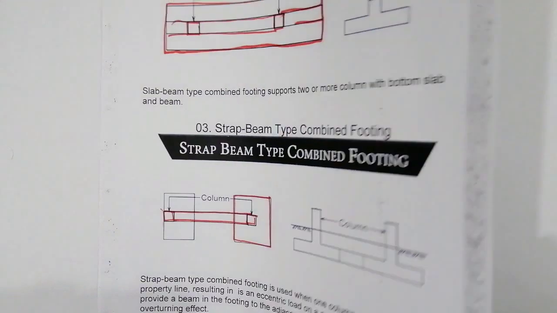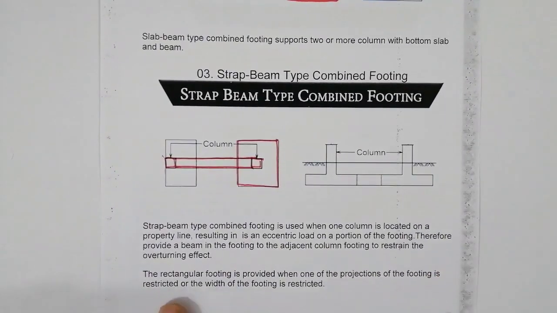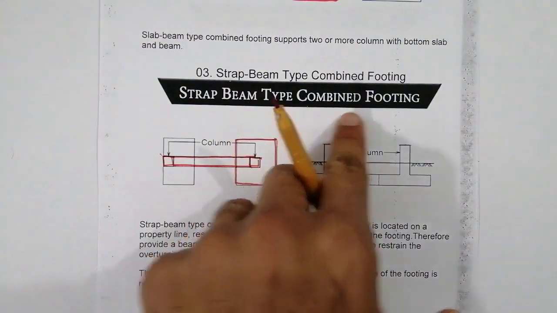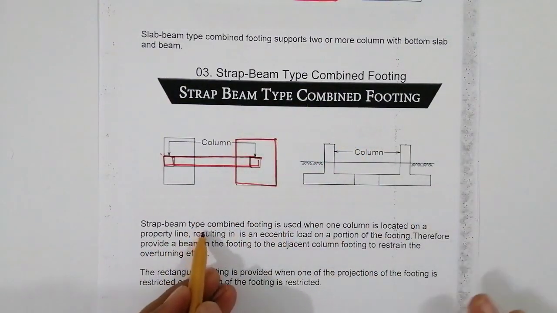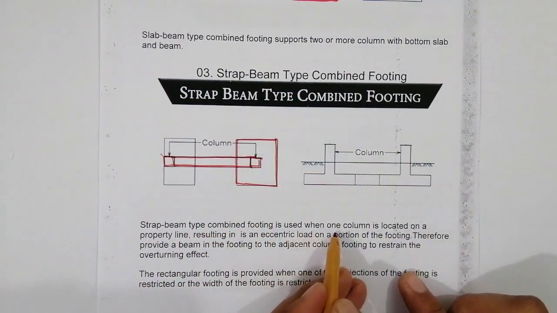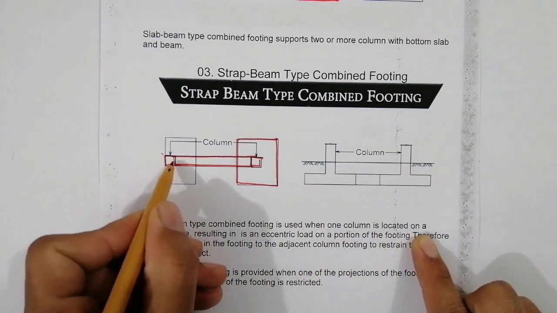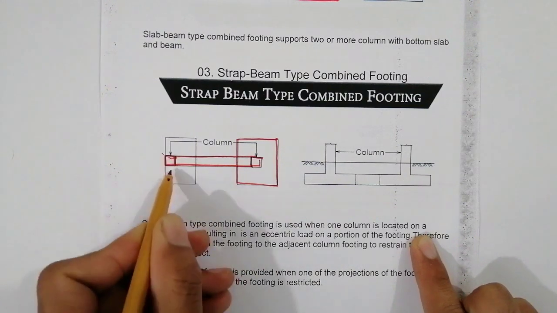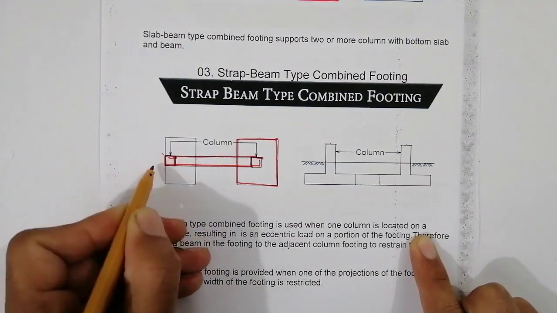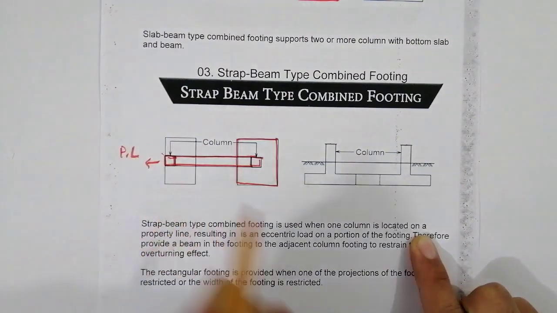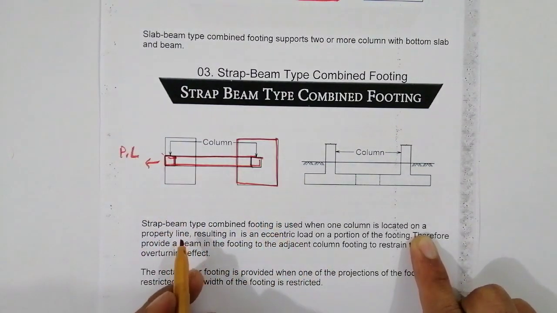Now guys, you can see where we can provide this and why we provide strip beam type combined footing. Strip beam type combined footing is used when one column is located on a property line. As you can see, one column is located on the property line. This is the property line, PL I have written, an acronym.